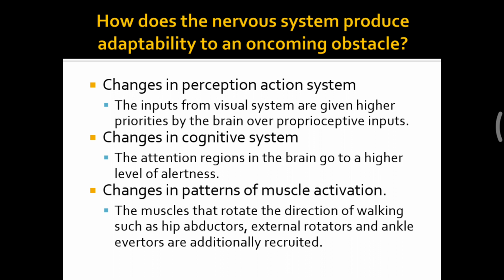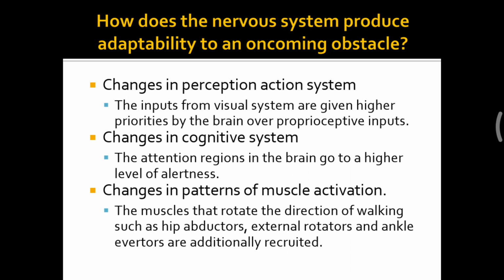So normally when we walk in a forward direction, it's flexors and extensors, as we know. But if you have to change directions, or if you have to lift your leg up and put it on the side, then you require other muscles to start coming in order to help you overcome the obstacle.